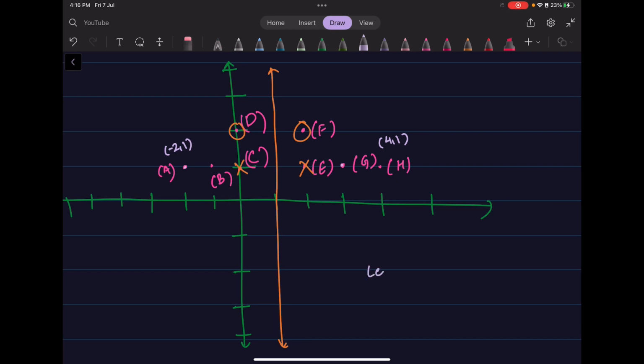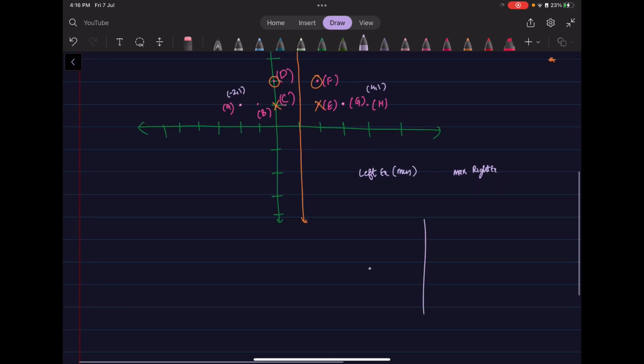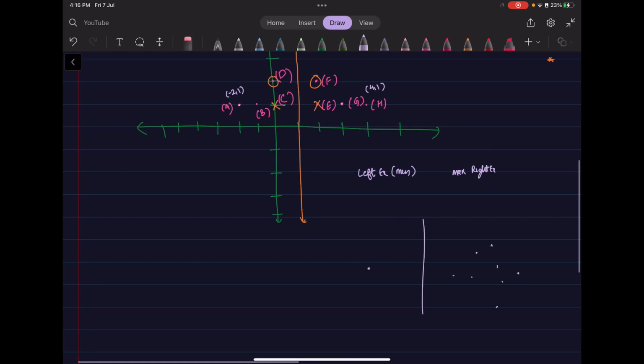For a left extreme or for a minimum, only the max point or right extreme can be a mirror image, right? Say for this point, if there are multiple candidates, only the farthest one can be, if this is the farthest one, so only these two can be mirror images of each other, right?